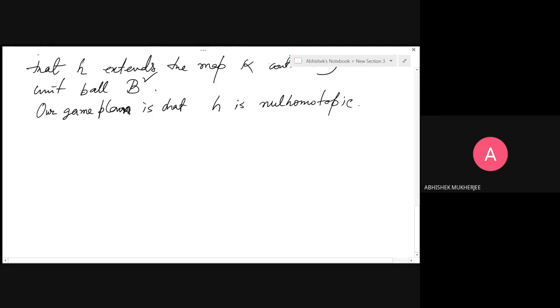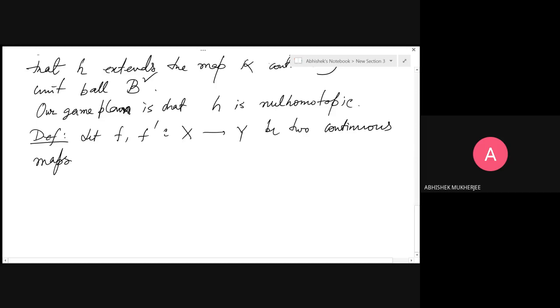Two maps are said to be homotopic from a topological space X into another topological space Y. Suppose f and f dash are two continuous maps.